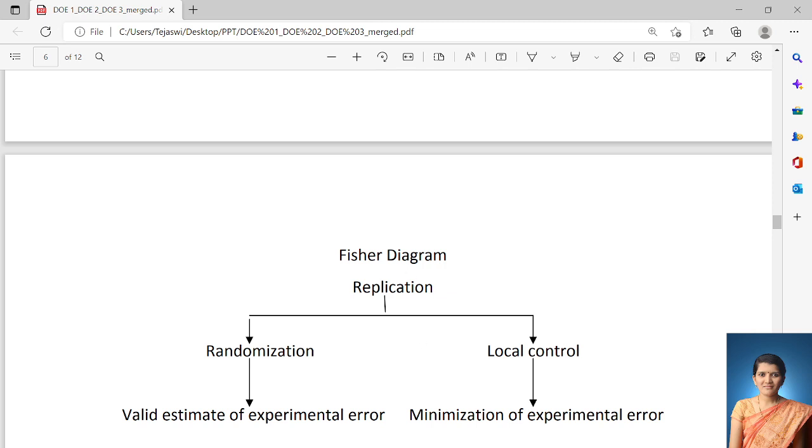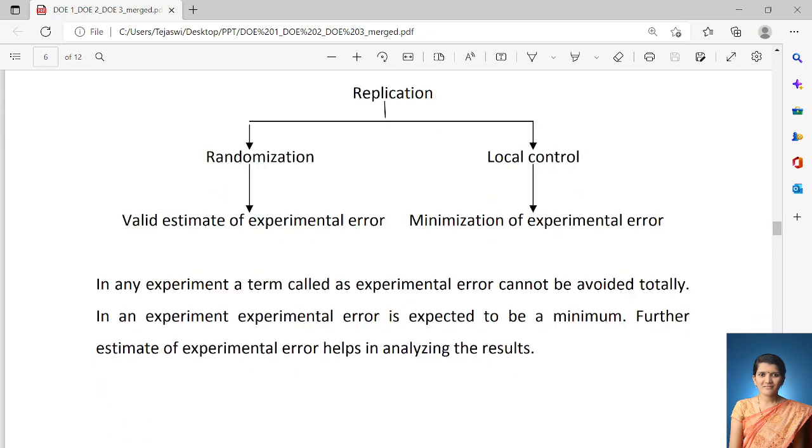If we use replication and local control together, then we minimize the experimental error. And in any design where we use all three of these principles, we have a valid estimate as well as minimization of experimental error.